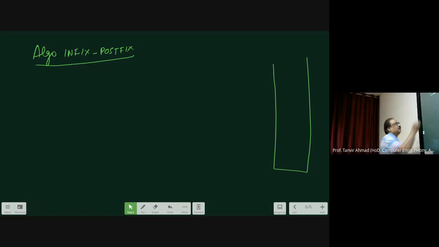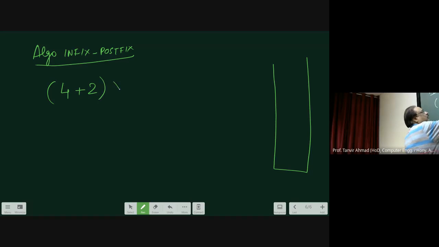Let us take an infix expression like this. Say, if I take 4 plus 2 multiplied by 5 minus 3 divided by 10.